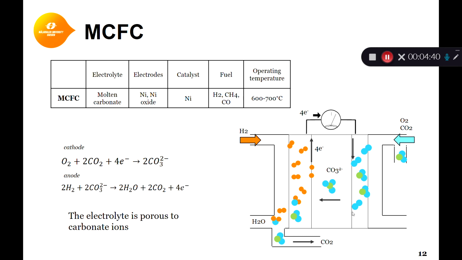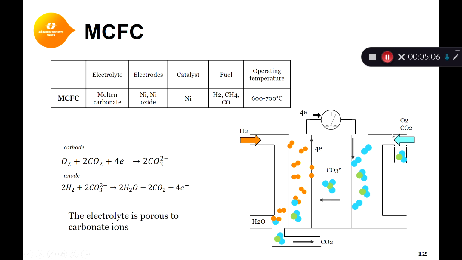Molten carbonate fuel cells operate at much higher temperature. We are talking about 600 to 700 degrees C. One interesting aspect of this fuel cell is that the reactions that occur inside are quite different from PEM. If you see in this figure, the ion that is transported through the electrolyte is a carbonate ion.